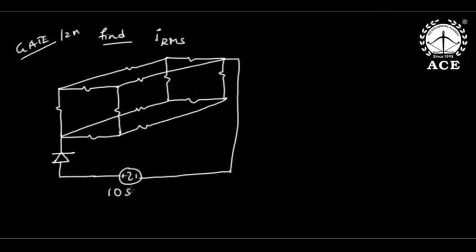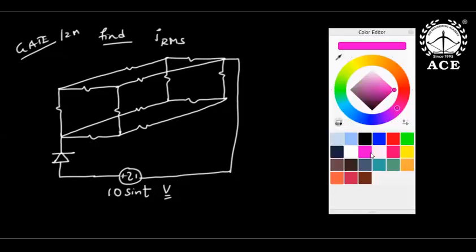This is 10 sine t volt. This is 3 kilo ohm, 3 kilo ohm, and this is 3 kilo ohm. I will use different colors to make you understand something very interesting. Then these are 6 kilo ohm each, six of them. Then these are 9 kilo ohm, 9 kilo ohm, 9 kilo ohm.